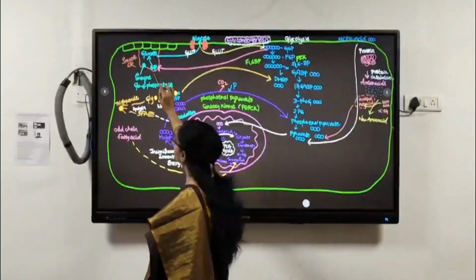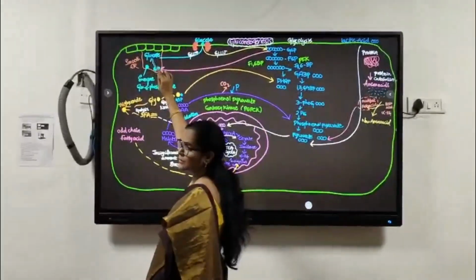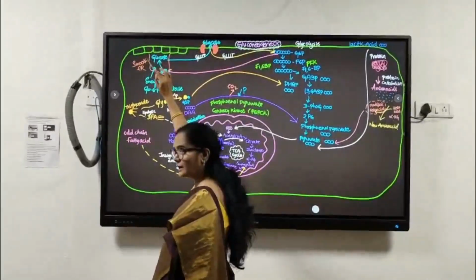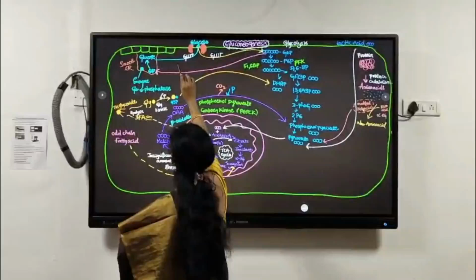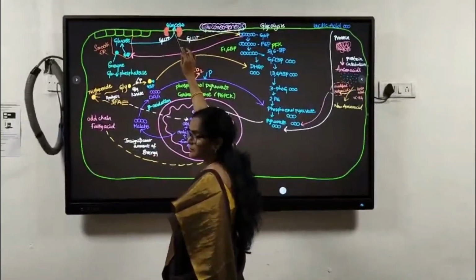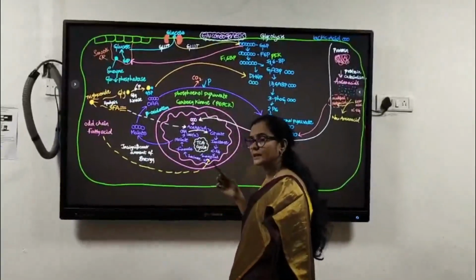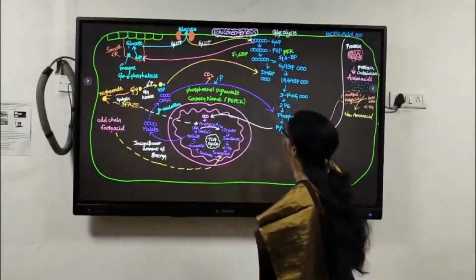So it is going to cleave the phosphate group, and then finally glucose is synthesized. This synthesized glucose then enters through transporters to the bloodstream, and it is again distributed to all cells of the body.